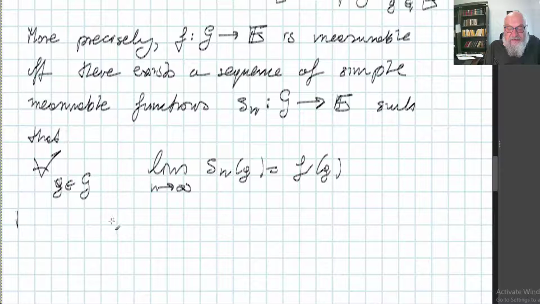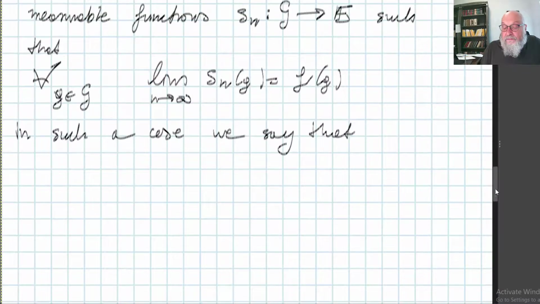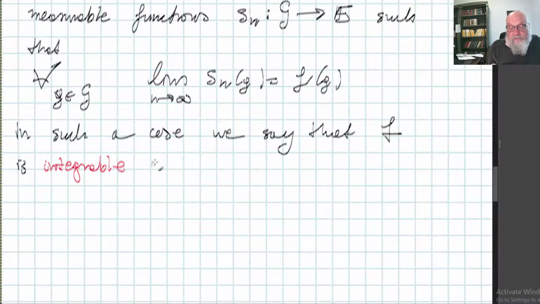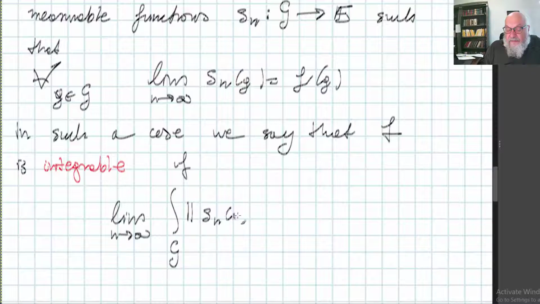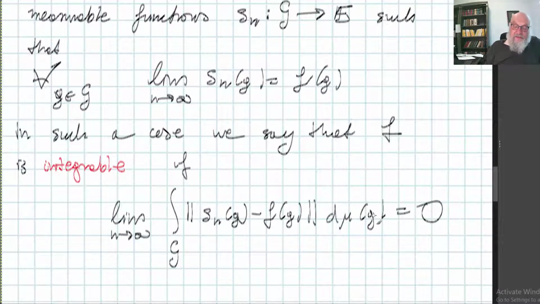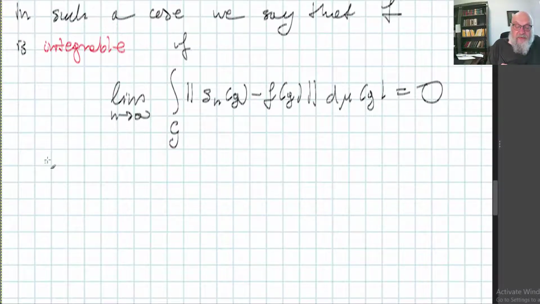In such a case, we say that f is also integrable if the limit as n goes to infinity of the integral over G, and now this integral is actually scalar, so that means we have here norms of these functions, of f minus S_n, is equal to 0.